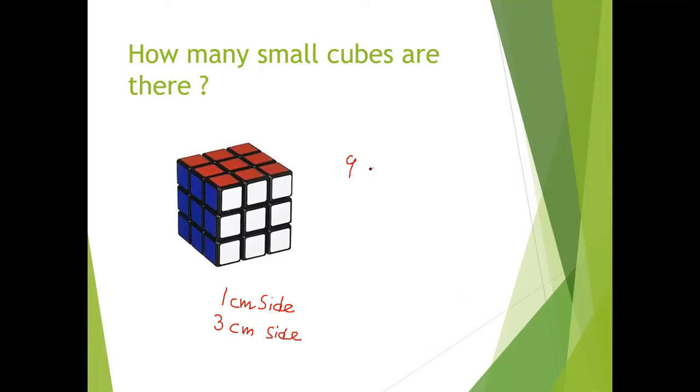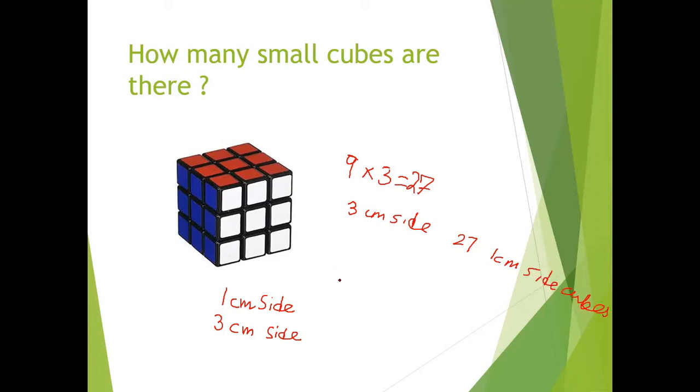So 9 into 3 gives me 27. So to make a cube of 3 centimeter side, I will need 27 cubes of 1 centimeter side.